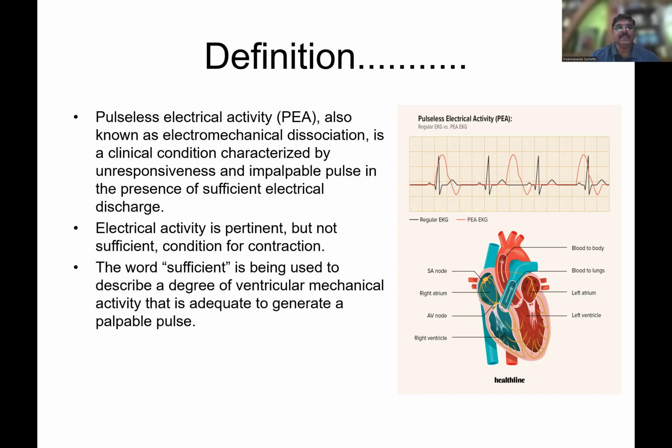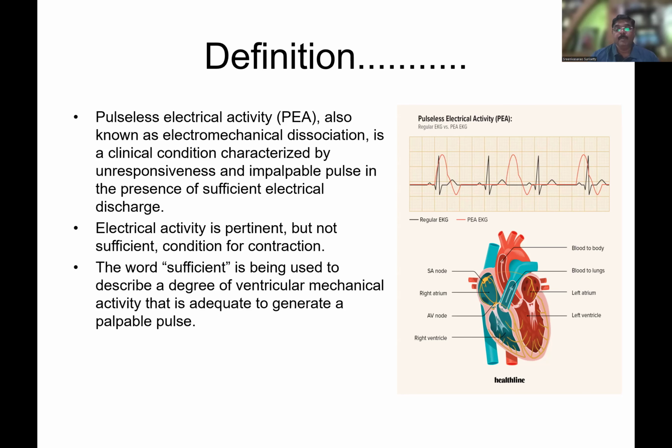It causes a clinical condition characterized by unresponsiveness and an impalpable pulse. There is no pulse to palpate despite electrical discharge. Electrical activity is present, but it is not sufficient to cause contraction.